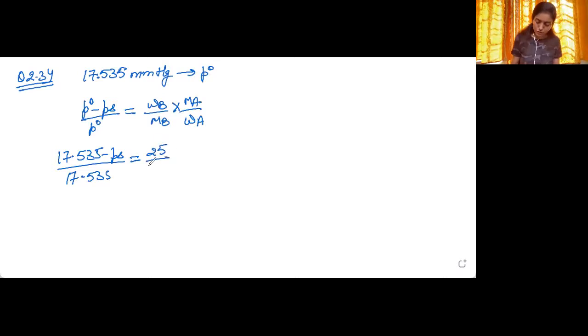It is for glucose. I have already told you that you need to keep in mind these common solutes and their molecular masses. MA is the molar mass of water because it is the solvent. It is multiplied by 18 upon WA, which has been given to be equal to 450.